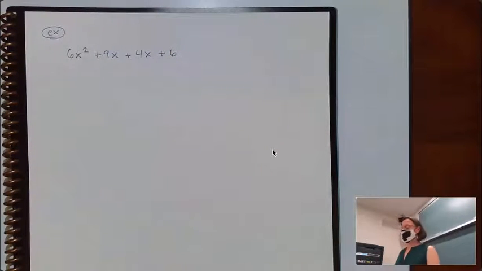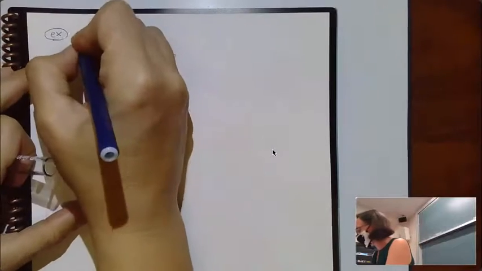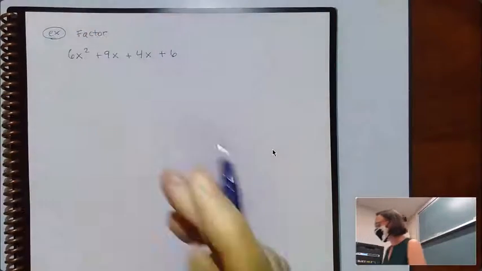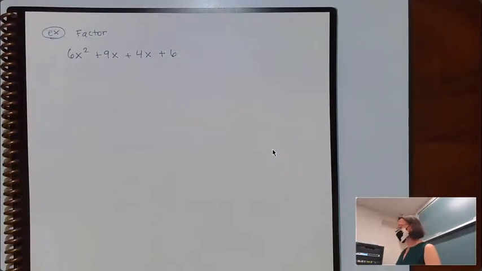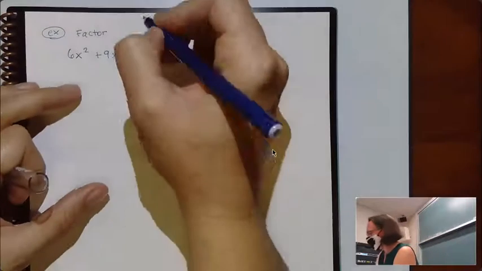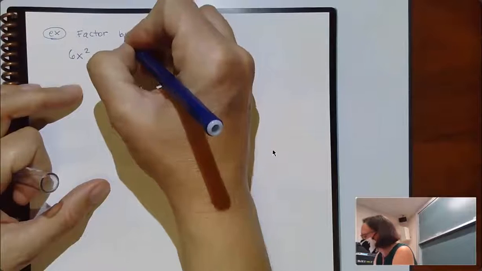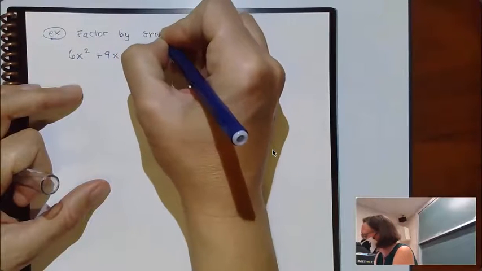If I'm supposed to factor this, you might look at that and say, oh wait, the 9x and the 4x, we could combine like terms. You absolutely could, but our instructions are to factor, so I'm not really trying to combine like terms here. And specifically, I'm going to do this as a factor by grouping.